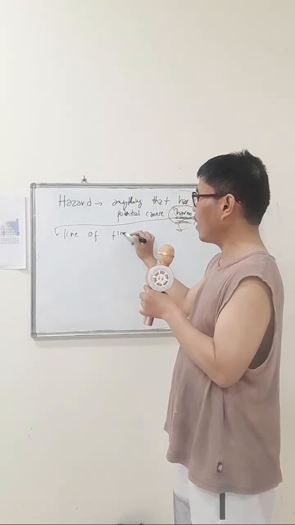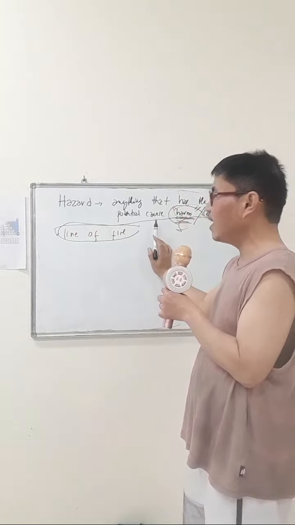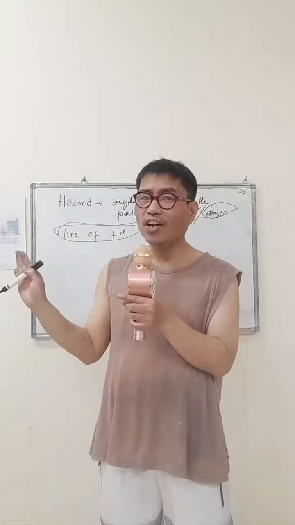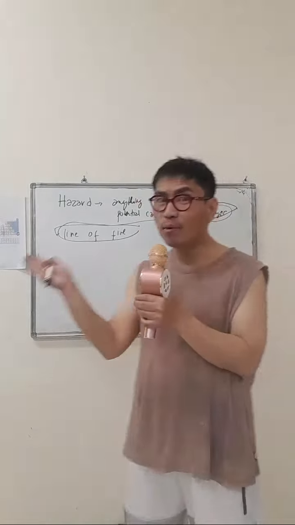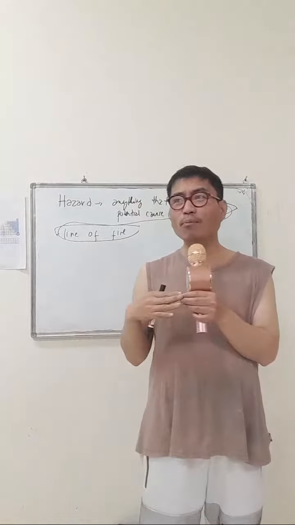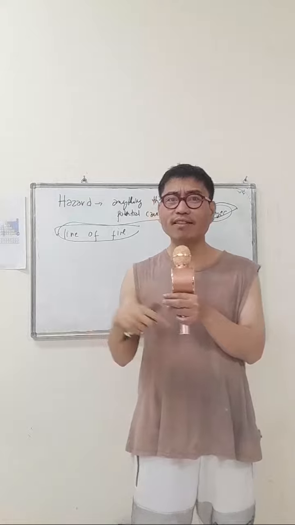Meaning to say, line of fire is not literal in impact and understanding. When you are in the line of fire, you are in a state of danger. You are in a harm situation where most probably you will meet an accident or incident.